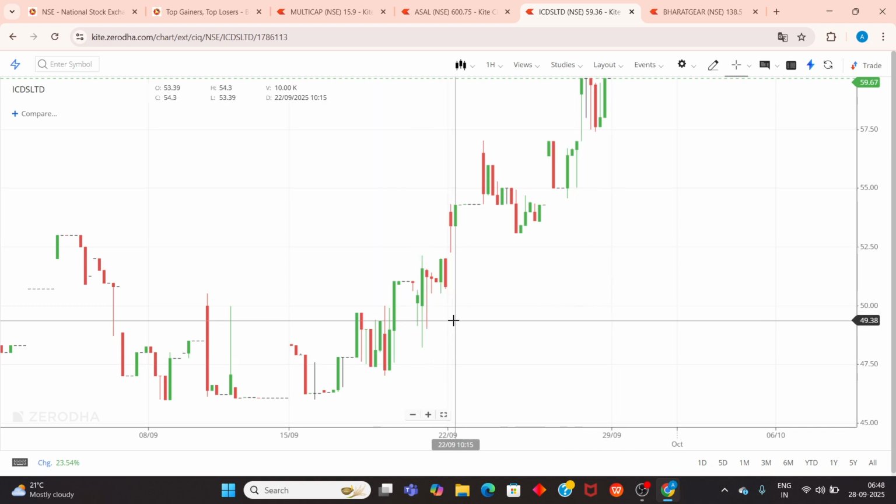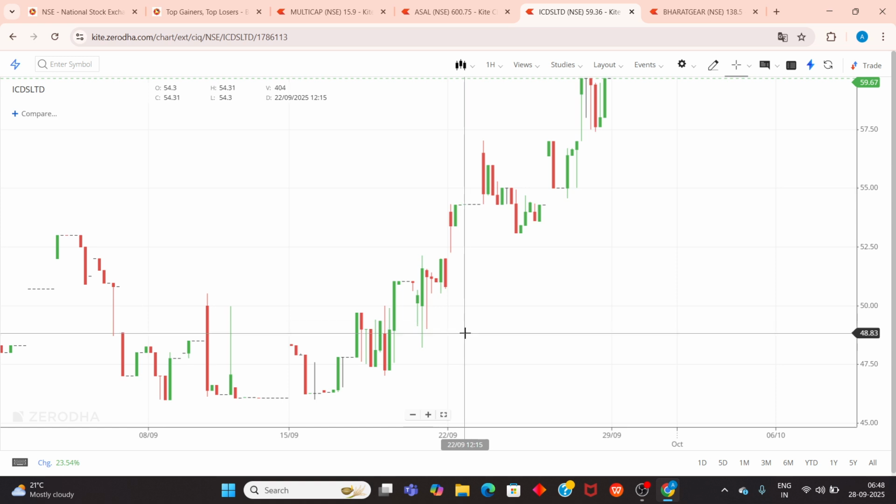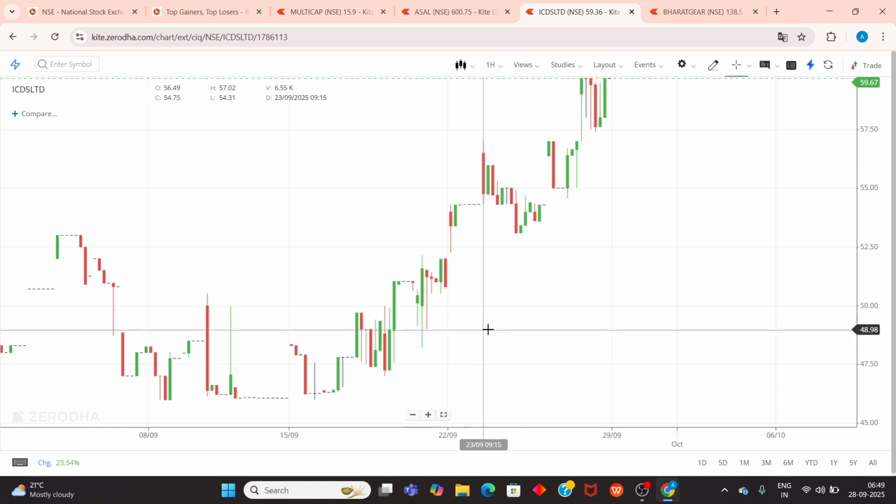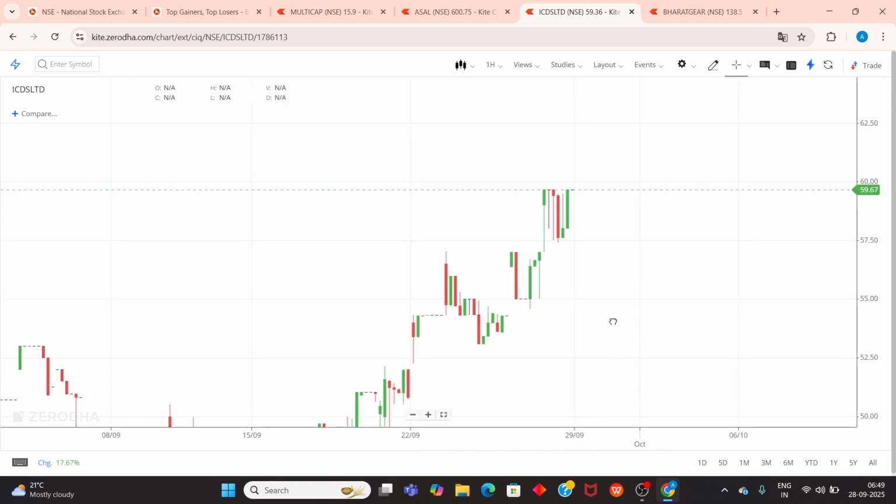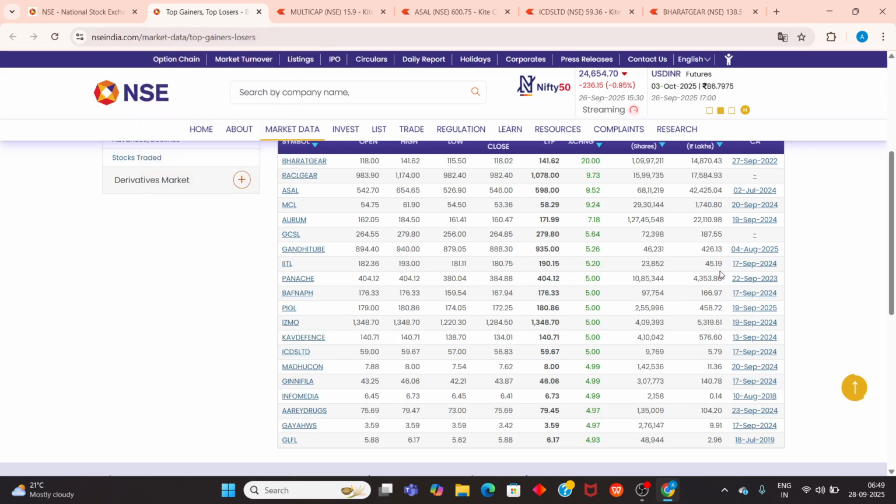You can see on these dates it's the upper circuit, and there is no trade happening during these time periods. So it's an illiquid stock, you can clearly see it with the chart. So do not buy illiquid stocks as I mentioned. Always look for liquid stocks, which you can easily find in the top gainers list. Okay, I hope it's clear.